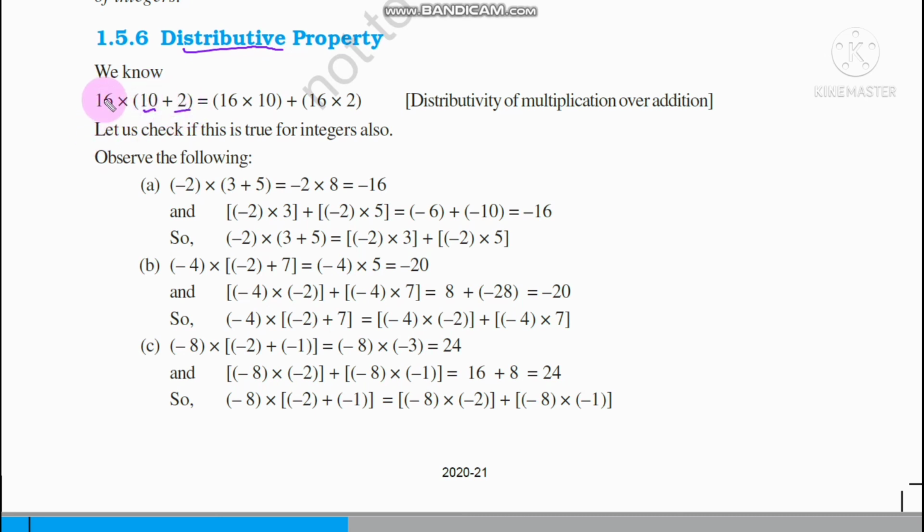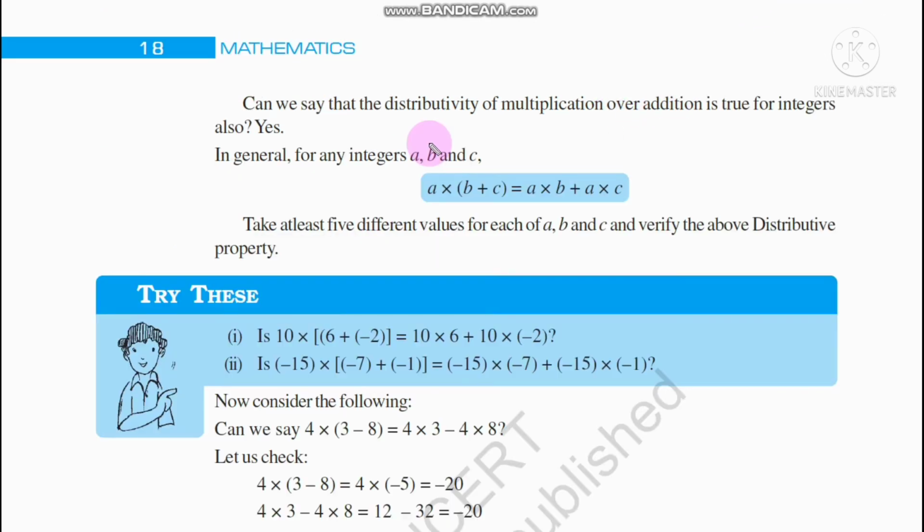So how we have to write? 16 into 10 plus 16 into 2. So here the distributivity of multiplication over addition is being done.